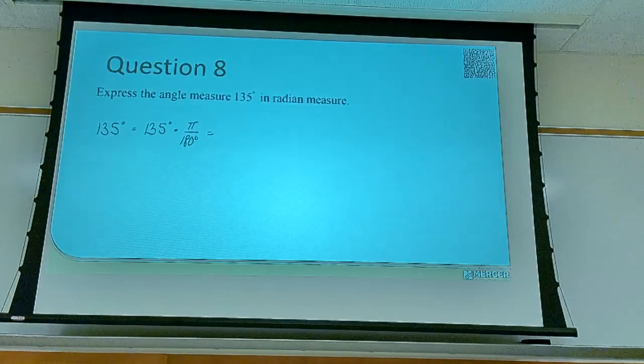Fifteen's the only one that would make sense. That's the only one that would give you 5 at the end. And 180 over 9 is 20. So that's 15 over 20, which is 3 over 4. So 3 pi over 4 radians.